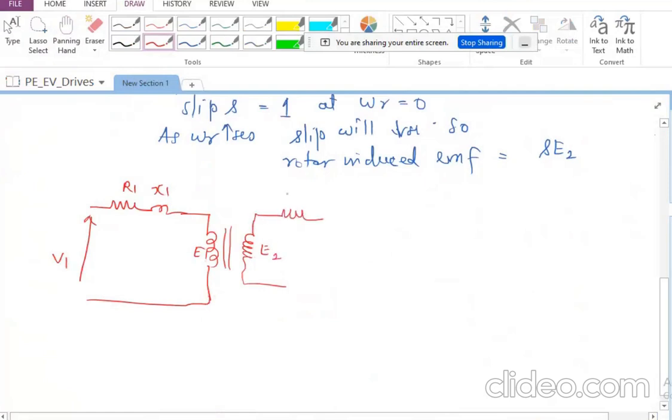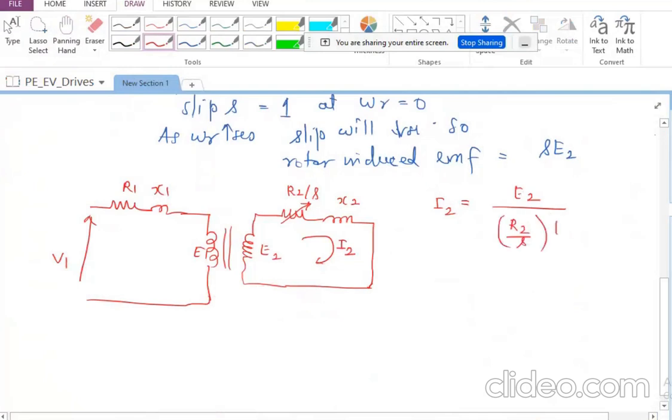And I'm going to have R2 divided by S. And slip is a variable quantity, so I should show this resistance as a variable quantity. And the leakage reactance still remains as X2, which was the value even at zero speed for the rotor, and this is short circuit. Now what I have got here is I2, and I2 is going to be the rotor current, which is equal to E2 divided by R2 divided by S plus JX2.